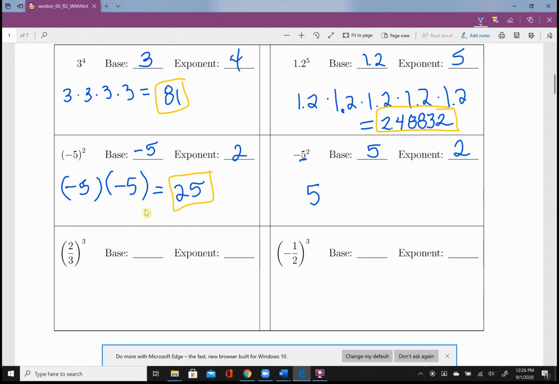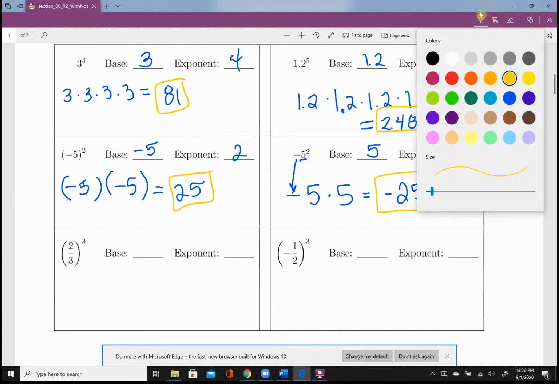So really it's like saying 5 times 5 is happening, that's the 5 squared, and then we are just simply negating it. That negative sign is not part of the base, so it does not get repeated in the product here. So that'll give us a final answer of -25. Does everyone see the distinction here? And if not, we could talk a little bit more about it in the Zoom class meeting.